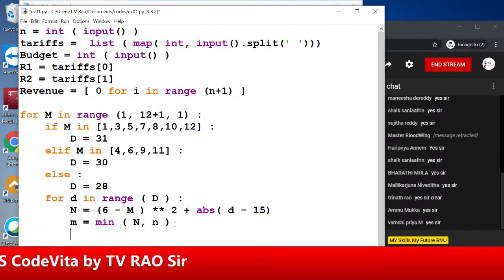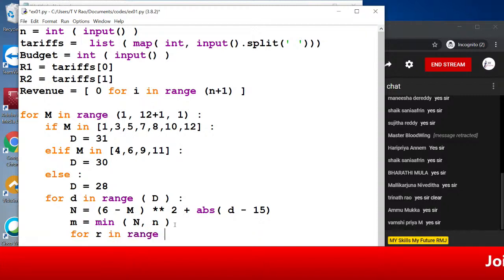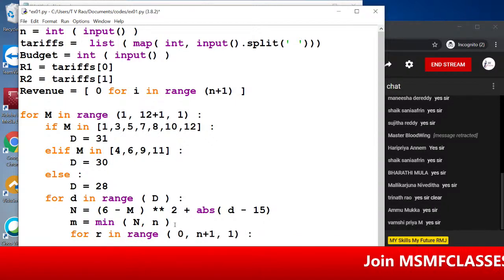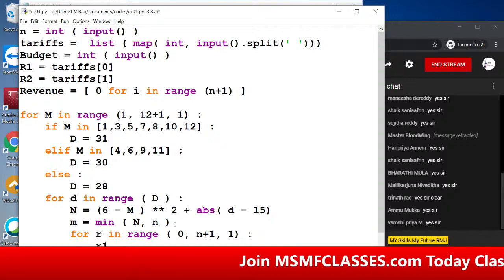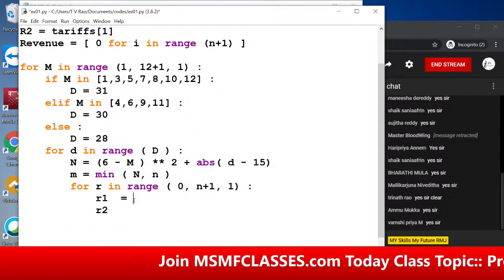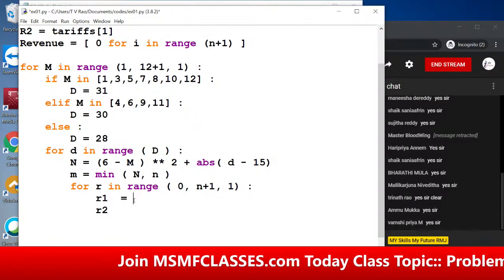Now find out revenue for every day. R stands for room, for R in range 0 rooms to n rooms. Okay, R1 stands for rooms of television type, R2 stands for rooms of no television type. Initially the number of rooms with television is 0.